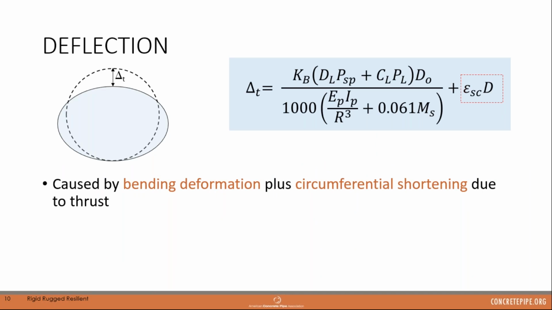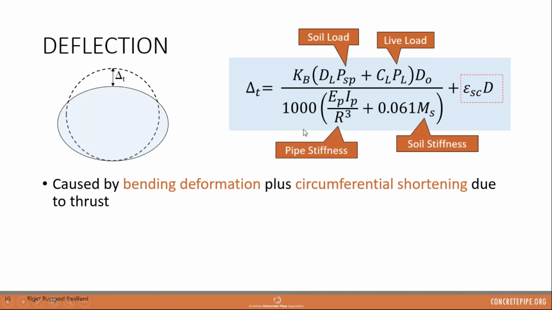And we see this is an equation right out of AASHTO, and it looks actually similar to a modified Iowa formula that maybe some of you are familiar with for calculating flexible pipe deflection. In the numerator, we're going to have the total load, which is soil load plus live load, and in the denominator, what's resisting deflection is the pipe stiffness plus the soil stiffness.